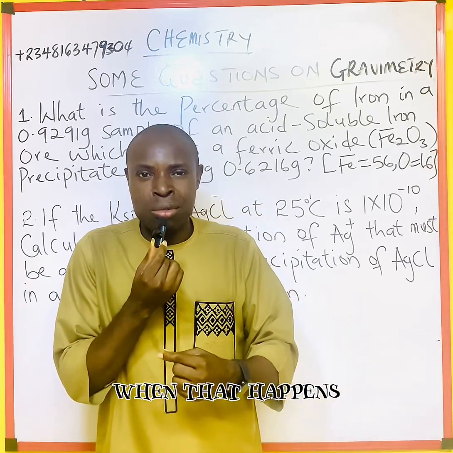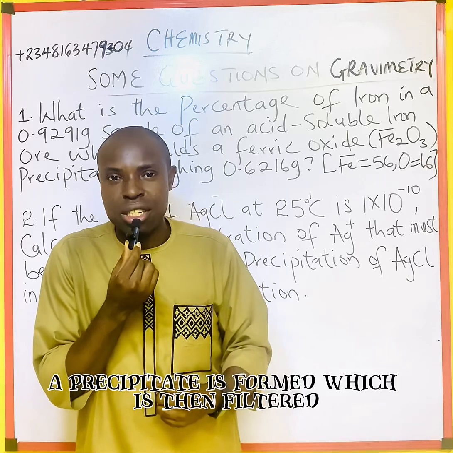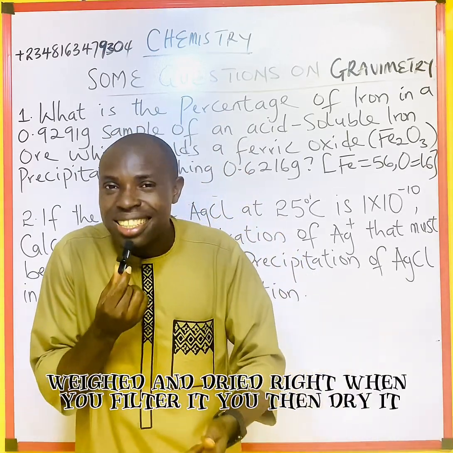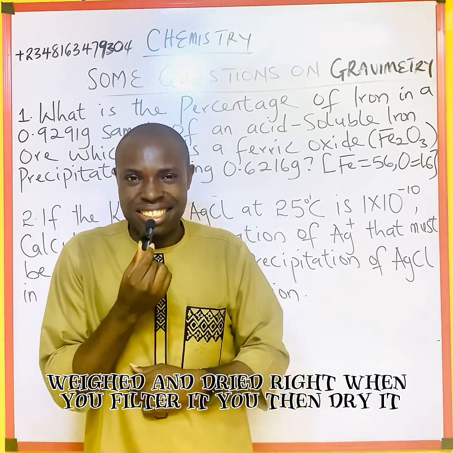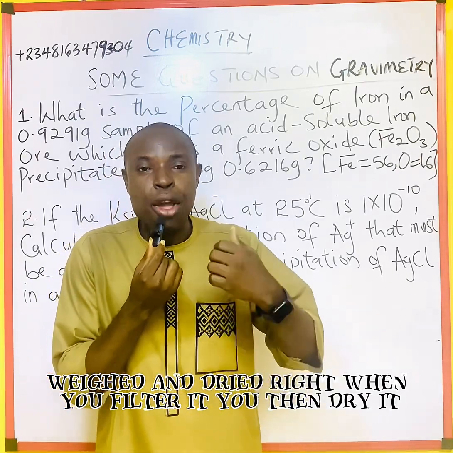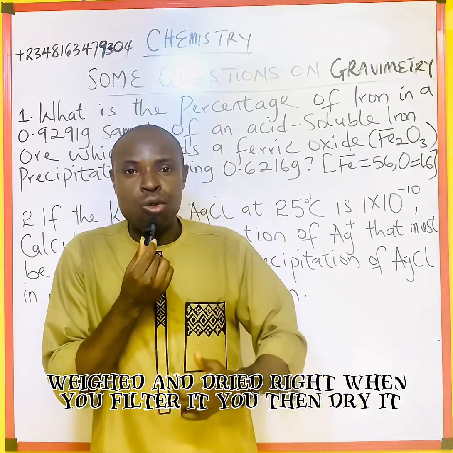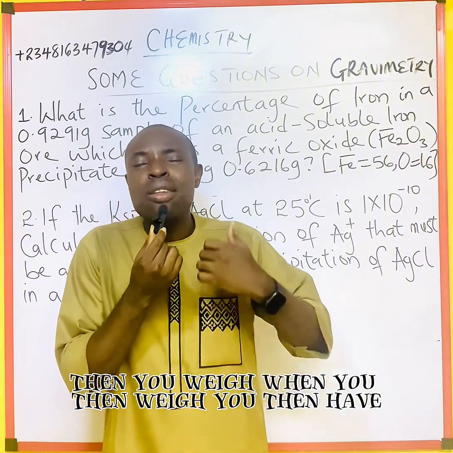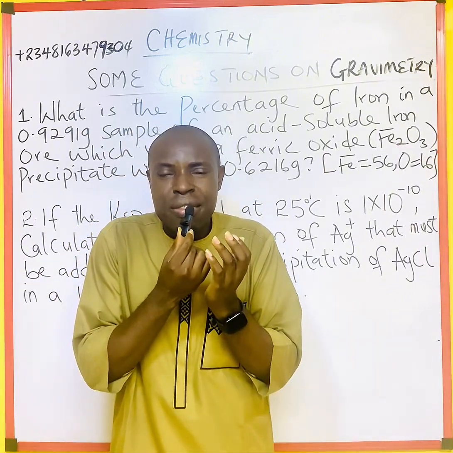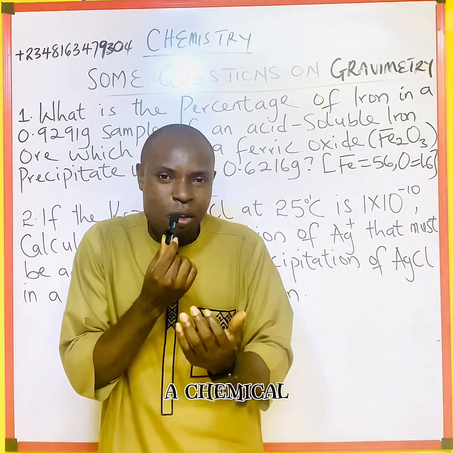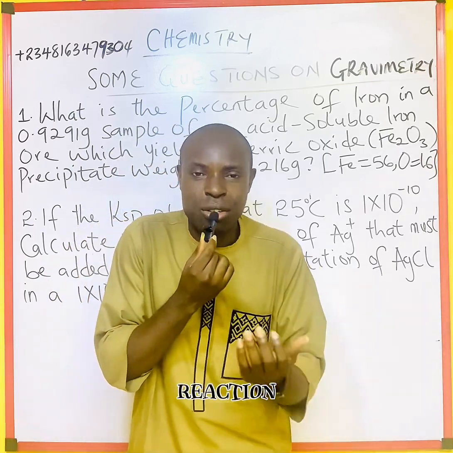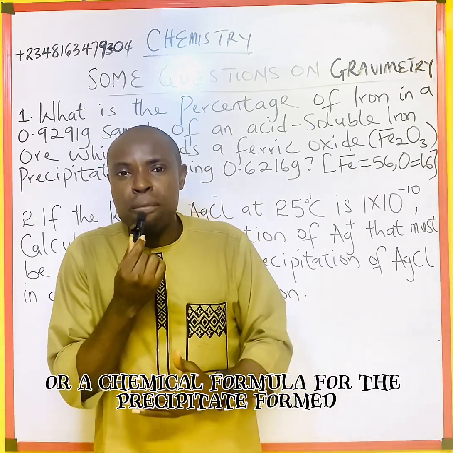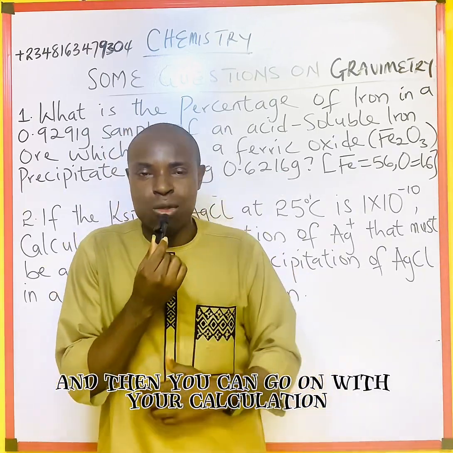When that happens, a precipitate is formed, which is then filtered, dried, and weighed. Meaning, when you filter it, you then dry it, then you weigh. When you weigh, you then have a chemical formula for the precipitate formed, and then you can go on with your calculation.